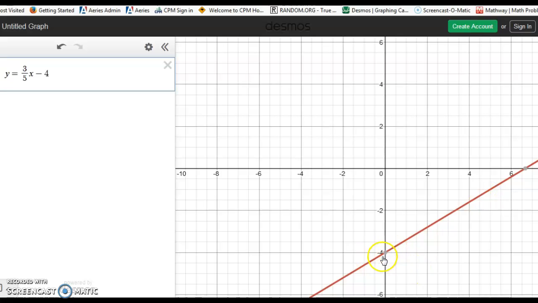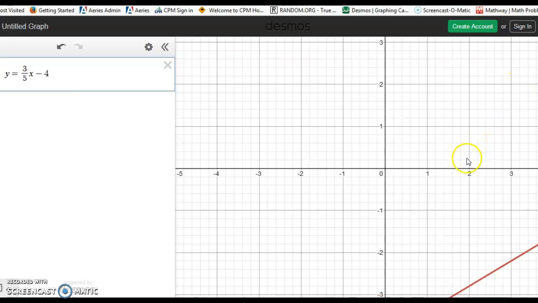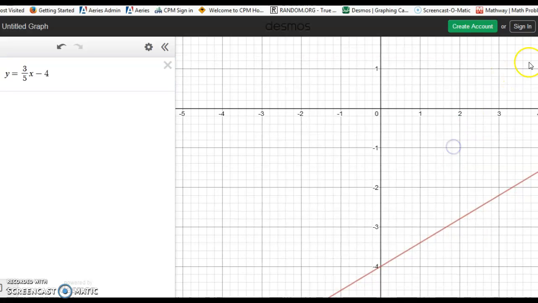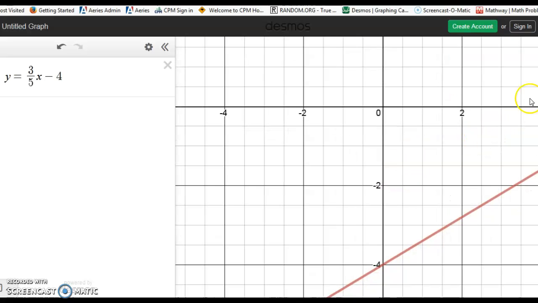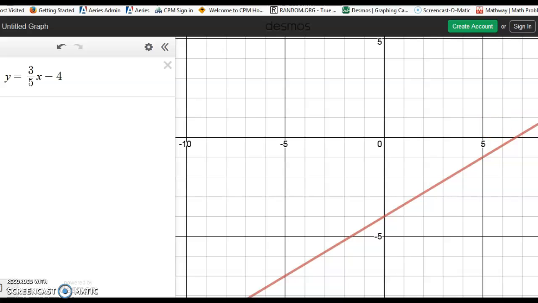Okay, so if we were to translate this line up 5 units, that means that this is going to go all the way up 5 units. So I'm going to zoom in really fast so we can see this a little bit clearer. Projector mode as well. There we go. So here's our 5.